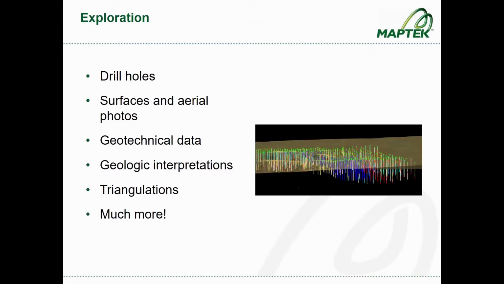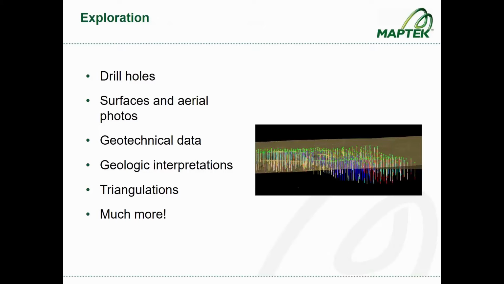Starting with the first step in our process, exploration, Vulcan has a fully 3D interface where you can view all of the data that you already have. So drill holes, triangulations, aerial photos, geotech data, geologic interpretations.